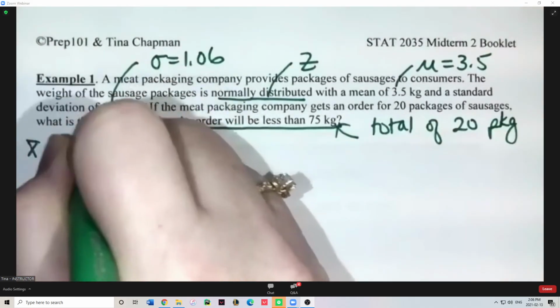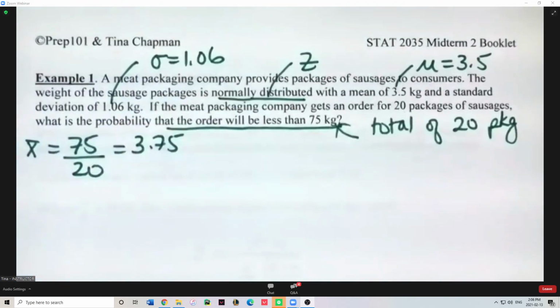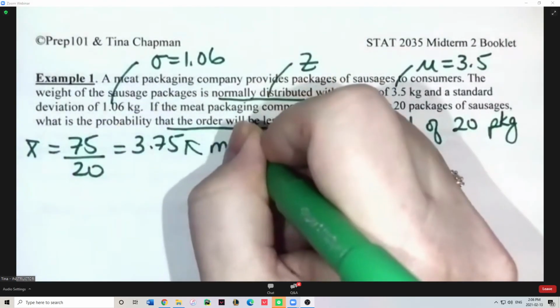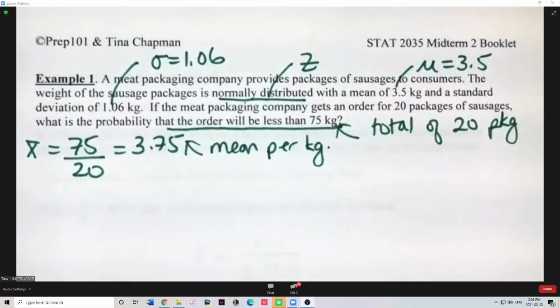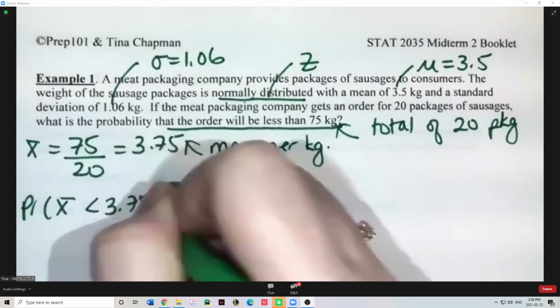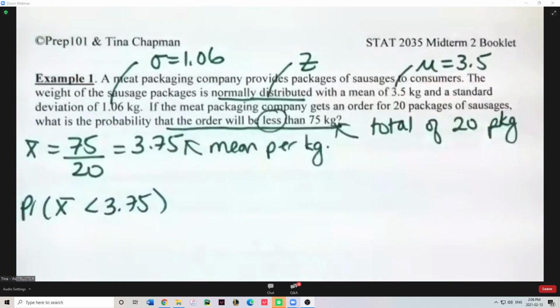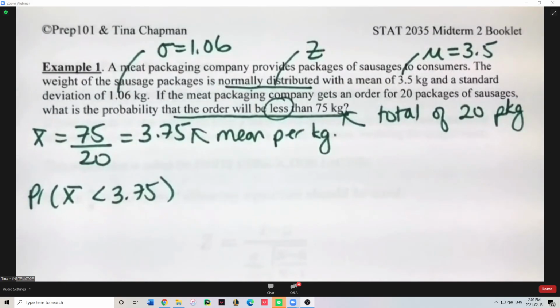If we have 75 kilograms divided by 20 packs, that's a mean of 3.75. So we have the probability X bar less than 3.75. They want less than 75, so that would be less than 3.75.